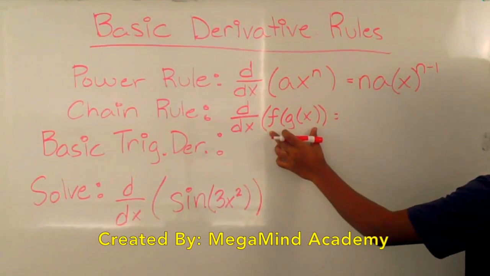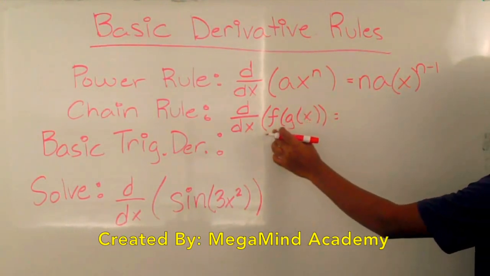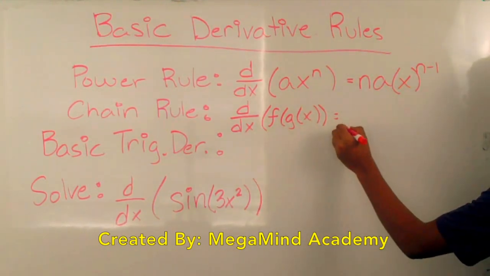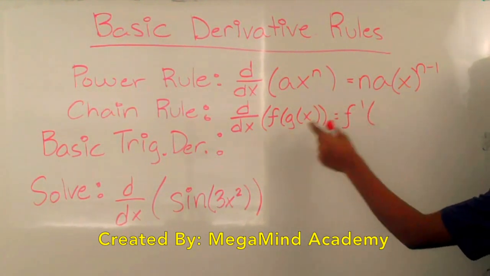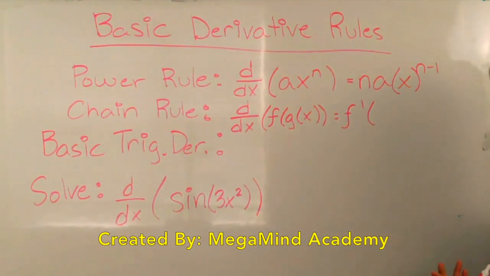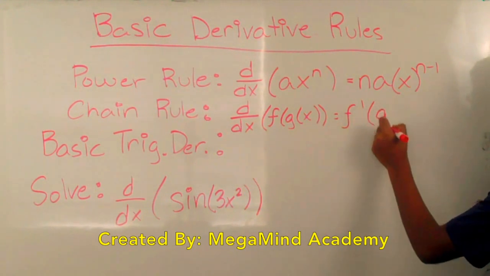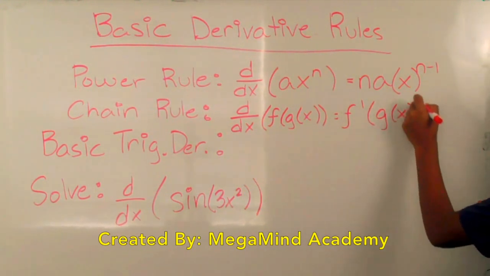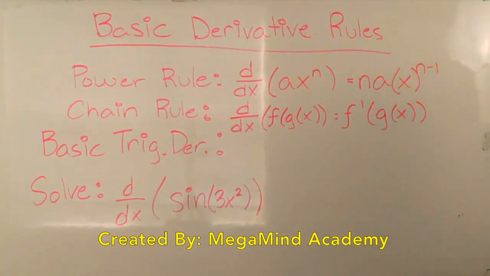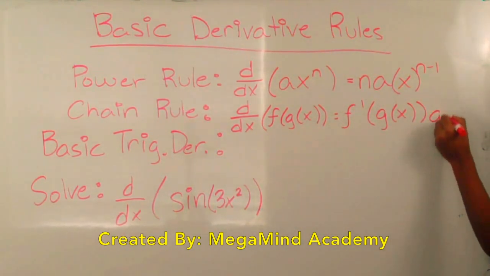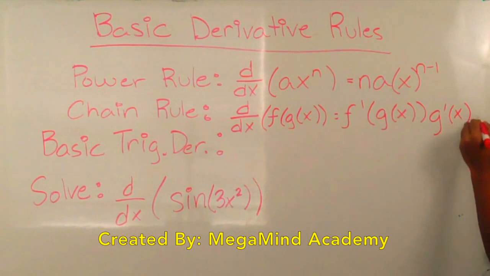Here the outer function is f of g of x, so this f part. So we get f prime, but we leave the inner function in there, so instead of it being f prime of x, it's f prime of g of x. Then you multiply it with the derivative of the inner function, or g of x. So we multiply it by g prime of x.